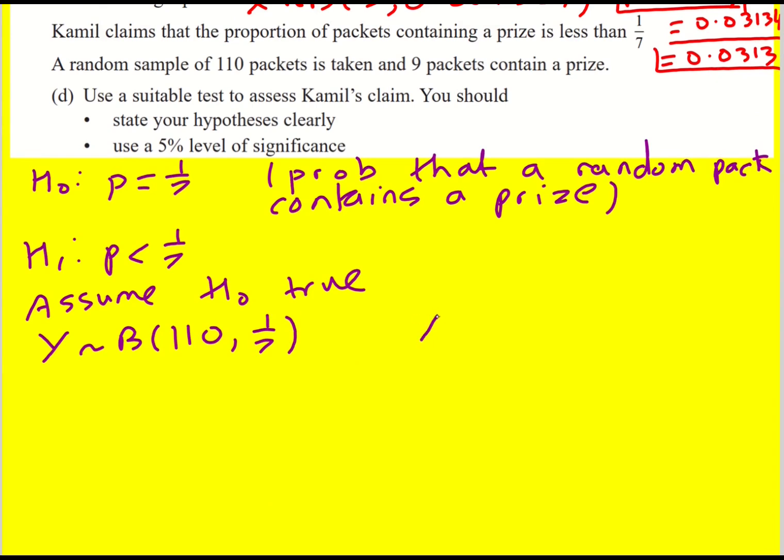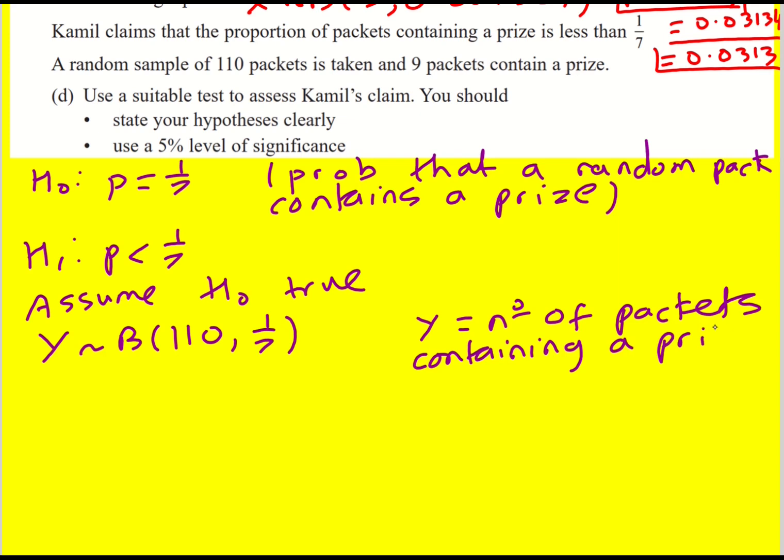Y equals the number of packets containing a prize, out of the 110 we're selecting, but that's kind of implied. So now I'm going to work out the probability that Y is, we know 9 packets, so I'm going to find the probability that Y is less than or equal to 9.